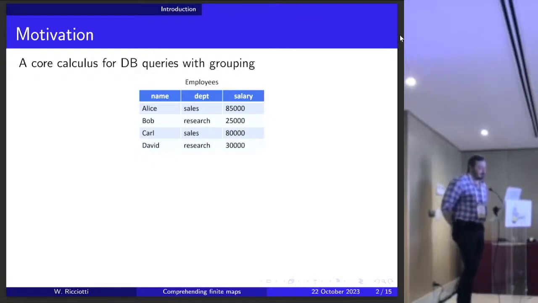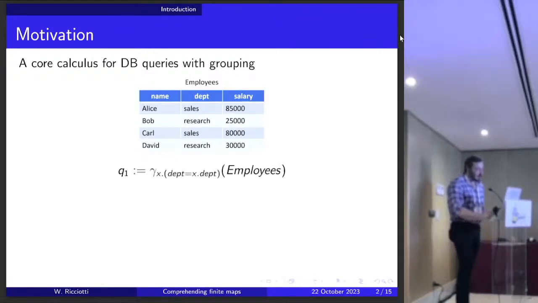Well, for starters, we may want to group the employees by their department. So let's suppose that we have a group by operator that, given a relation, in this case the table employees, associates to every tuple in the relation a grouping key that in this case is just the attribute department from the original table.